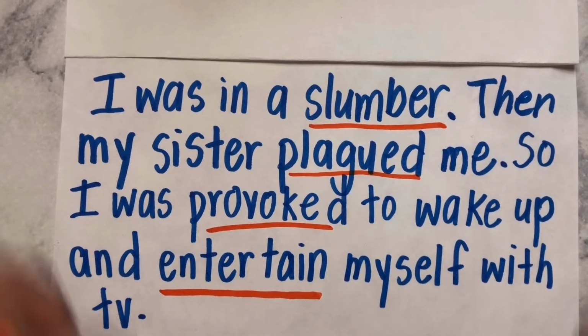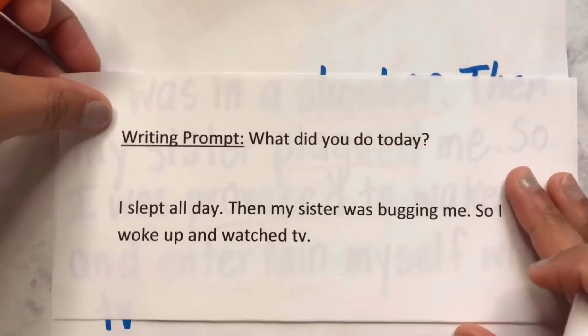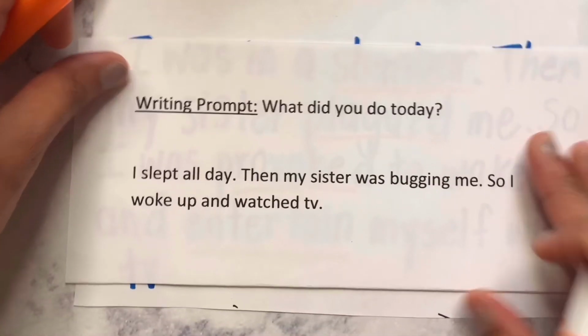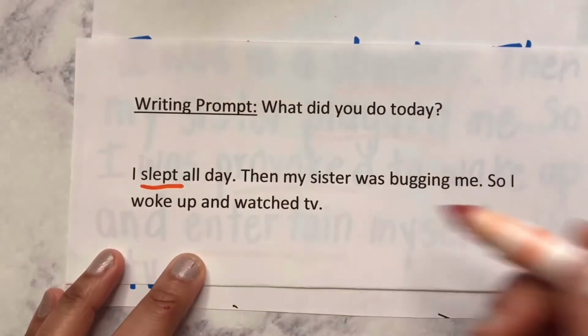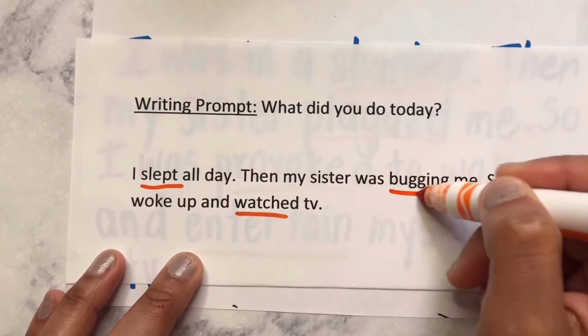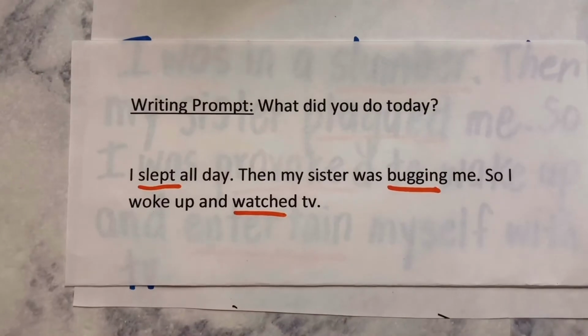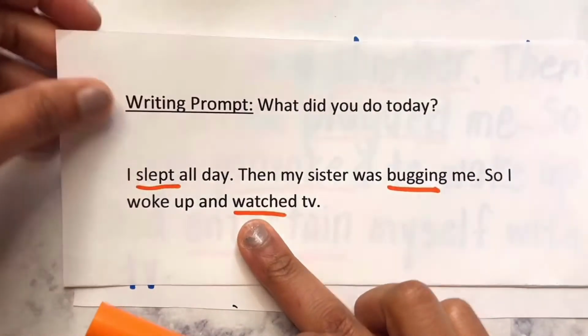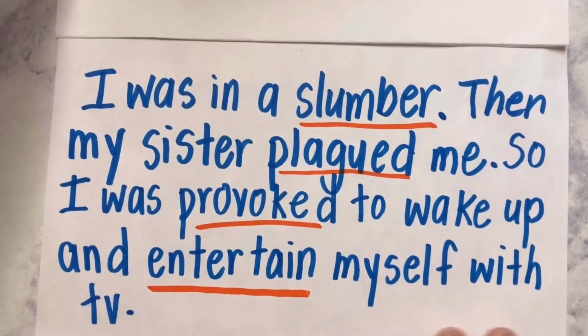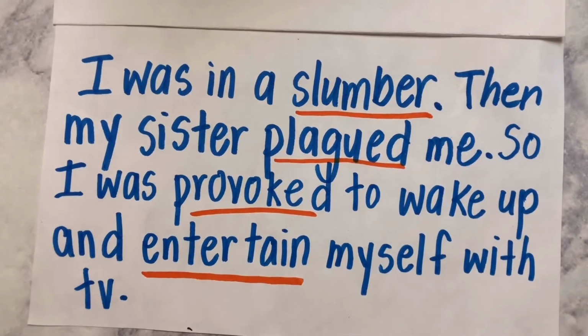So again, the commonly used words that we would easily use: slept, watched, bug. Still use wake up, but I added another one here. Those were enhanced with tier 2 words to make our writing more rich and more specific. So this is an example.